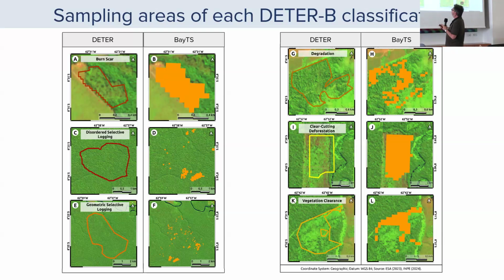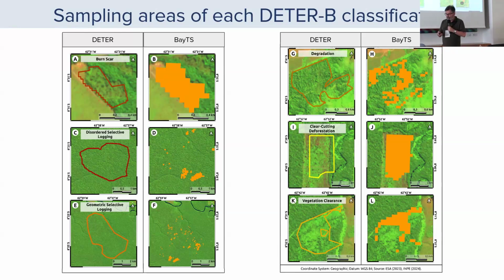However, when we see selective logging, which is when people go there to extract some trees, the responses are not so good. You see only parts of it, and in the degradation, they're also not complete. And vegetation clearance, also not so complete.